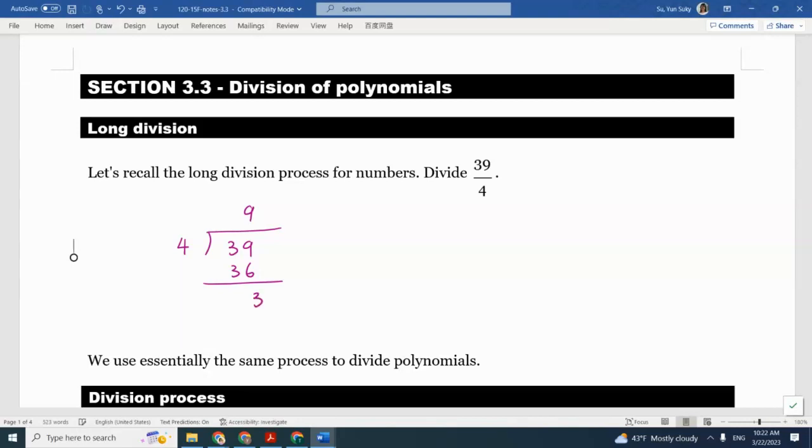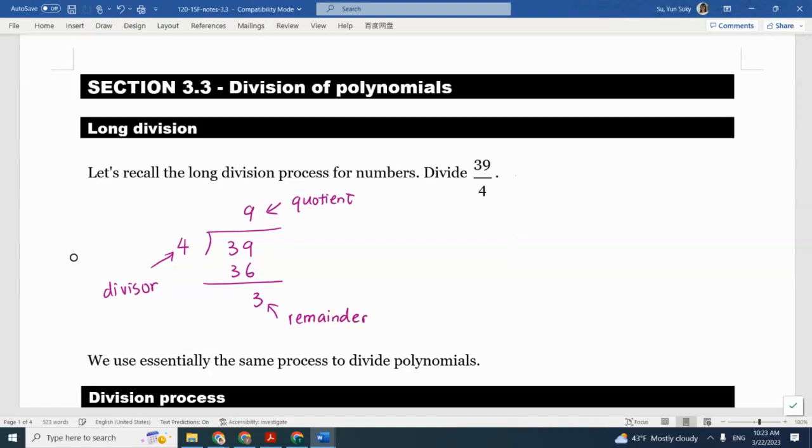3, right? So 4, we call the divisor. Is that how you divide numbers? Yeah. And the 9, we call the quotient. And the 3, we call the remainder.